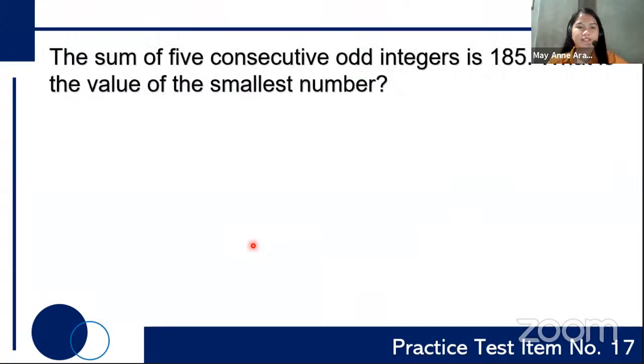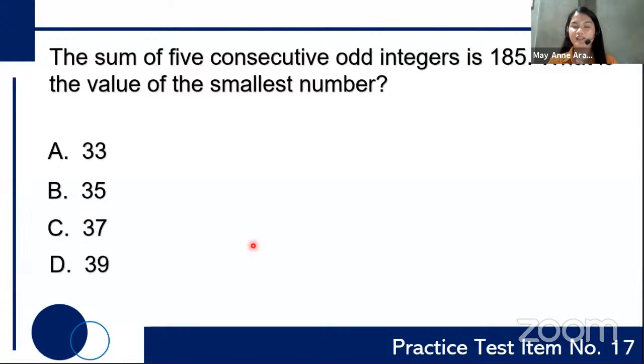Okay. So the sum of 5 consecutive odd integers is 185. So what is the value of the smallest number? So you have A is 33, B 35, C 37, D 39. We can express 5 consecutive odd integers as like this.